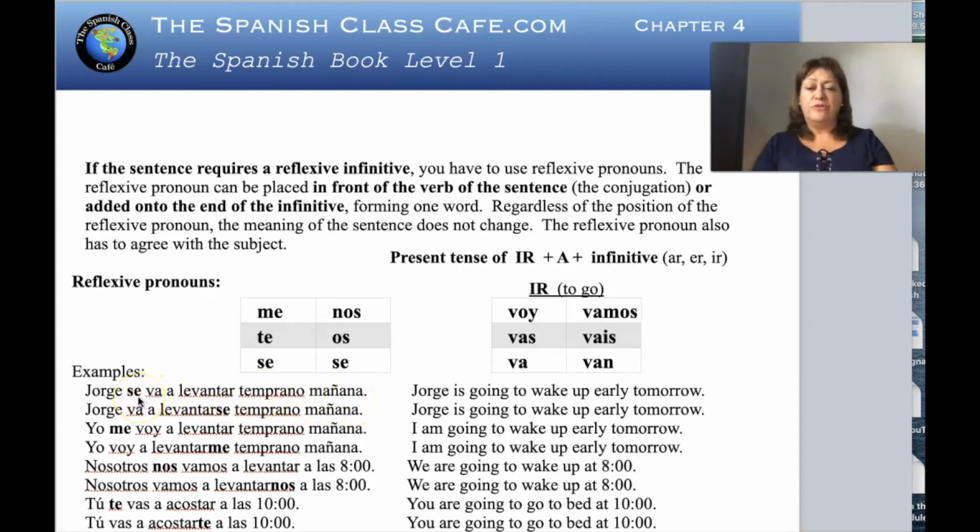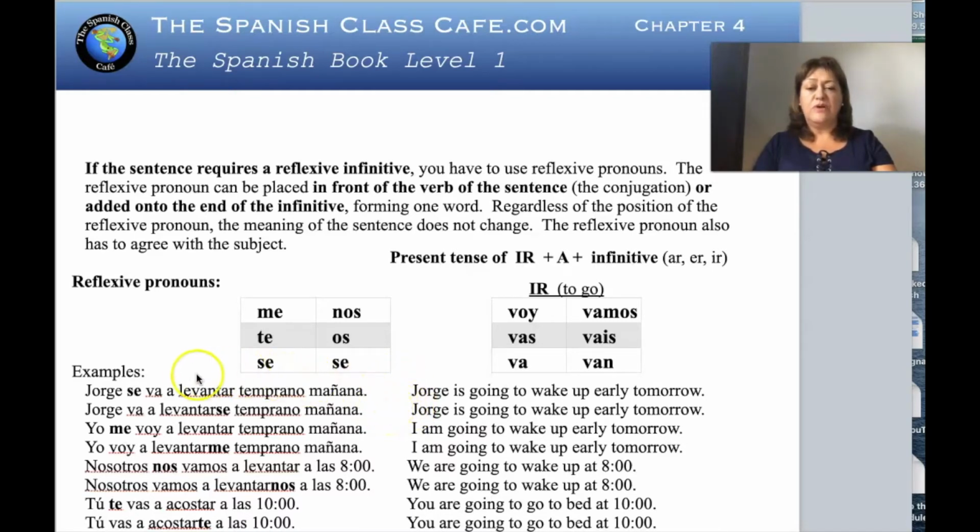Now we can move it to the back, and you can see it here in the next sentence. Instead of putting it in the front, we can attach it to the infinitive as one word, and it becomes Jorge va a levantarse temprano mañana. The meaning doesn't change. You can see here, Jorge is going to wake up early tomorrow. Both sentences have the same meaning.